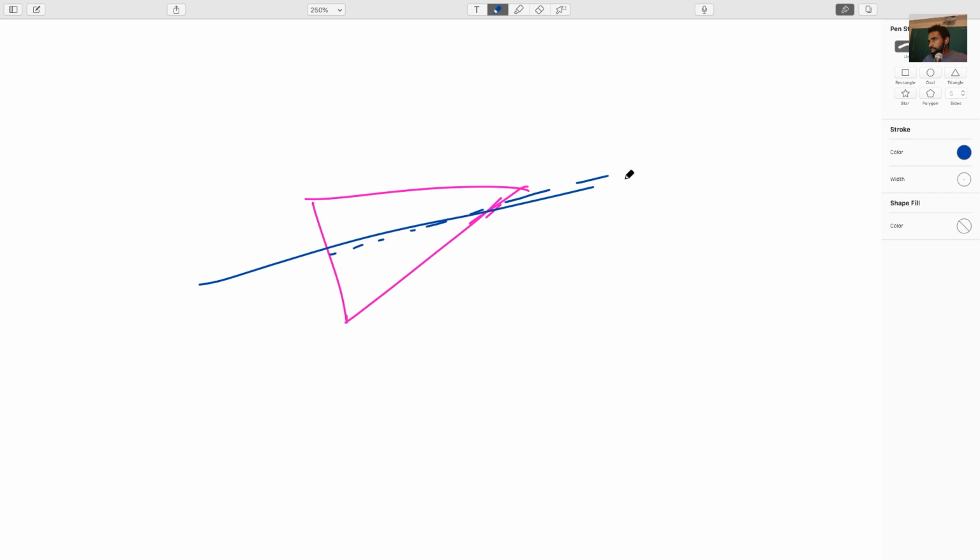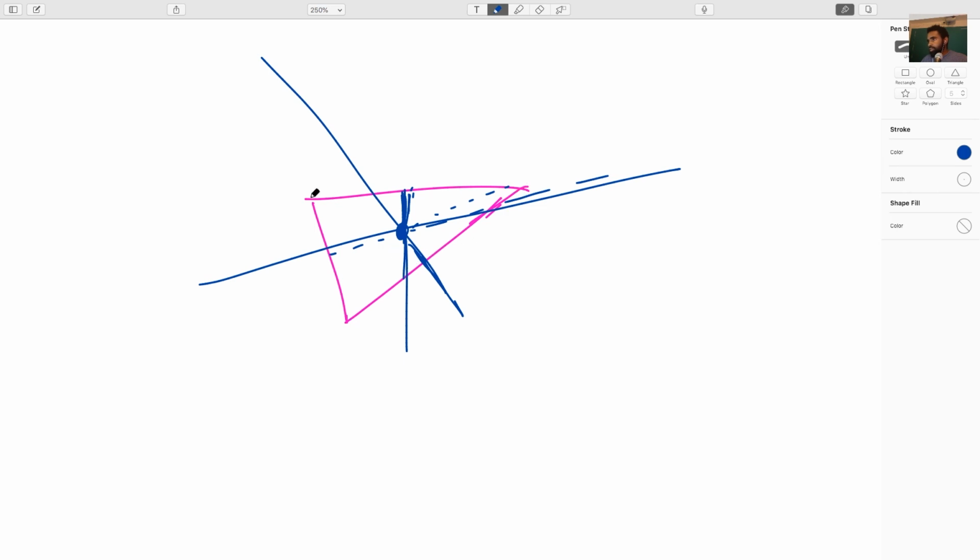I'm just cutting this thing in half, and I cut this one in half at 90 degrees. So here's our center there, and I cut this one in half as well at 90 degrees. It doesn't look perfect, but you can see they all meet at one point. And the distance from this point to any of the vertices is going to be the same. So I can draw a circle that touches each of those vertices.